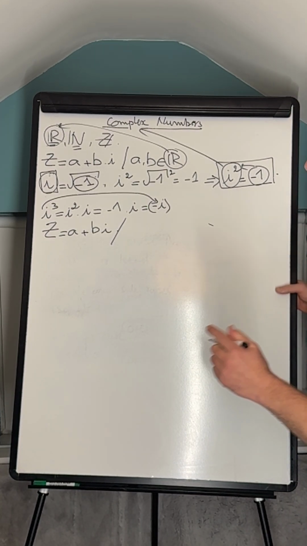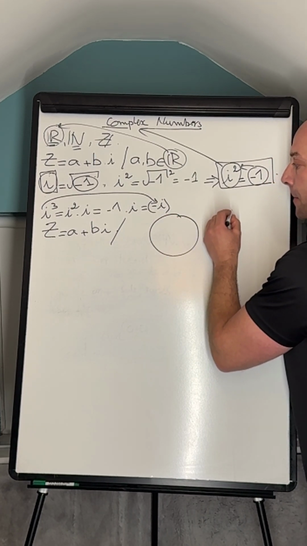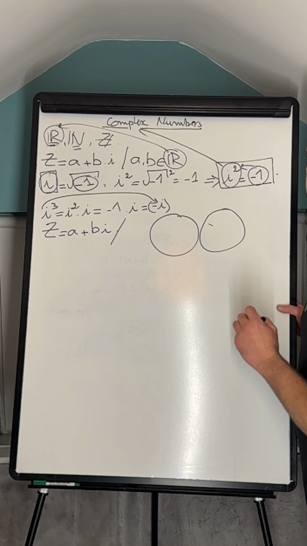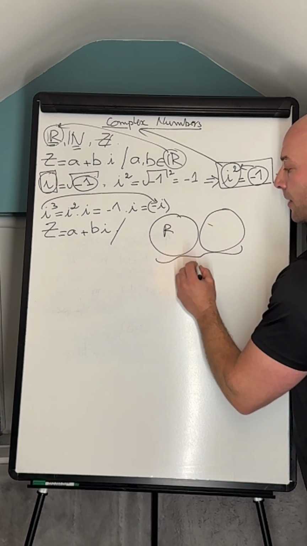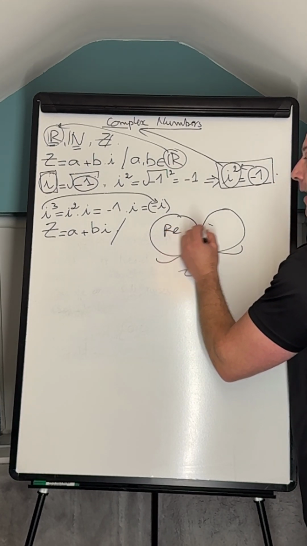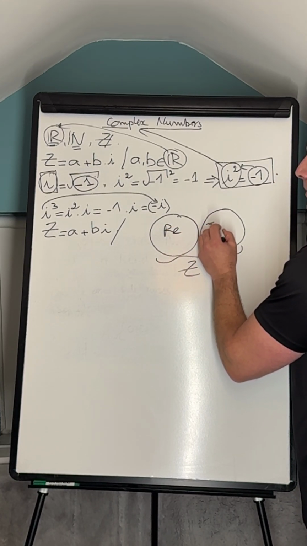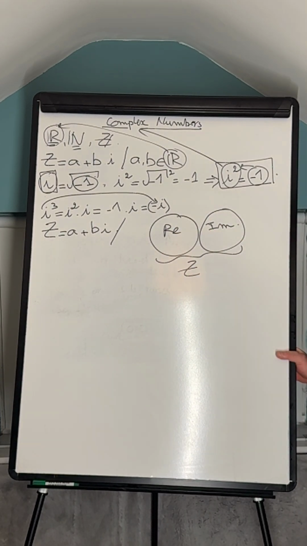Any complex number Z has a real part and an imaginary part. We refer to the real part as a, and the imaginary part as b.